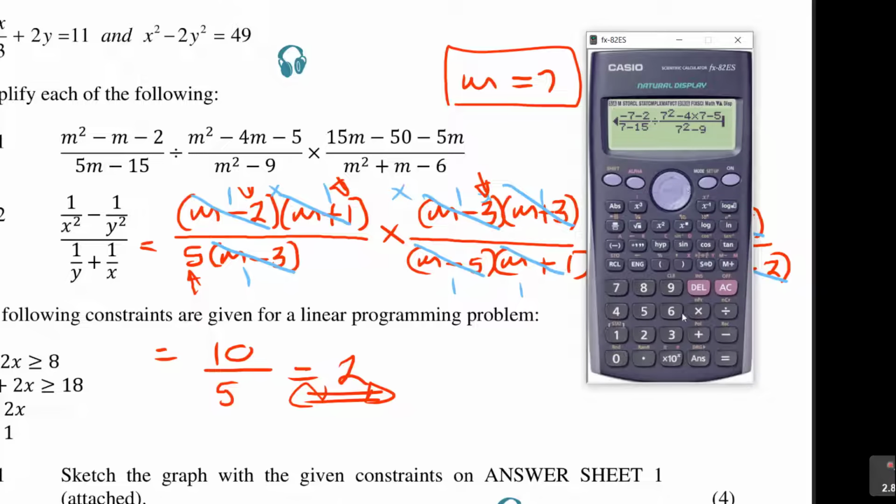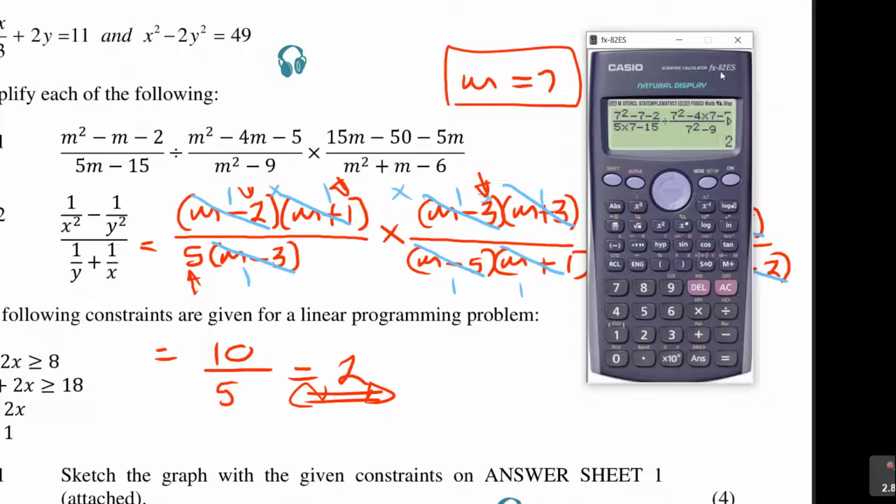Okay, and then times, you do that. 15 times 7 minus 50 minus 5 times 7 over 7 squared plus 7 minus 6. When you have done that, you say equal to, you see, it gives me 2.